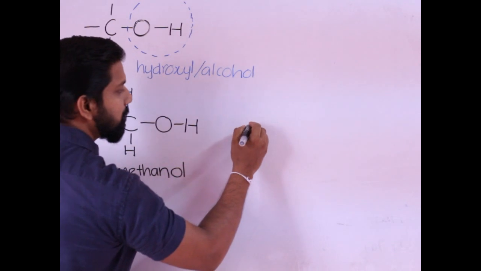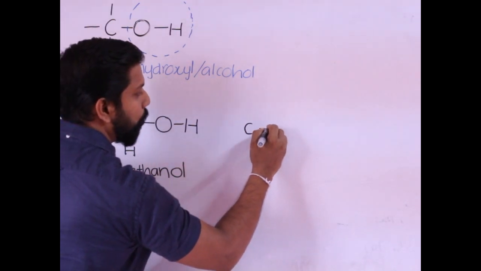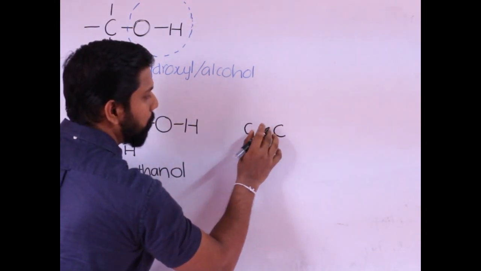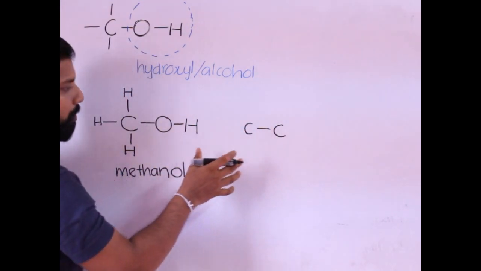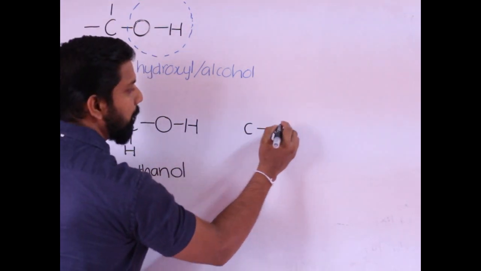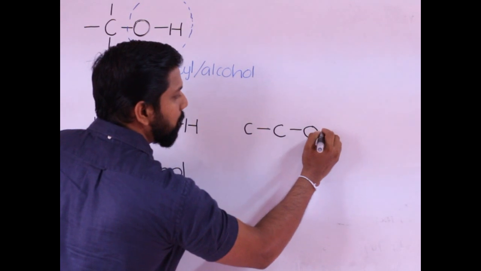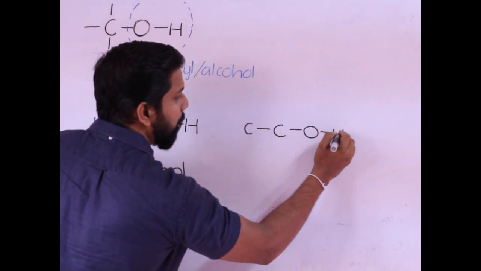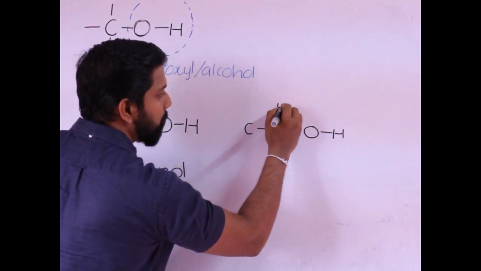We'll see the second member of the alcohol homologous series. So let's put two carbon atoms, put the hydroxyl group and fill the hydrogen atoms.